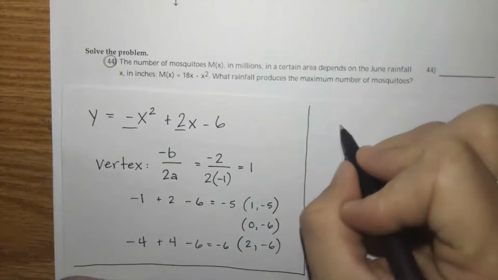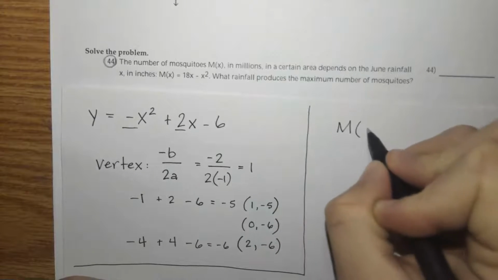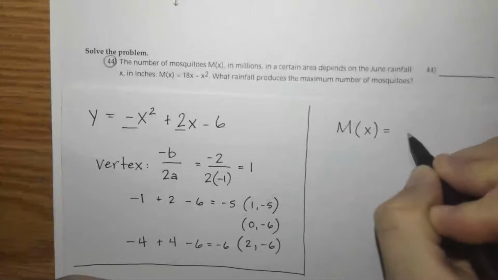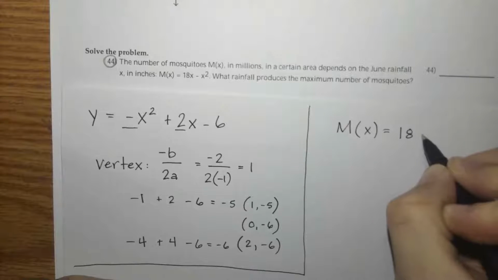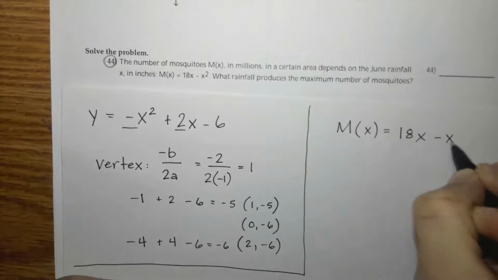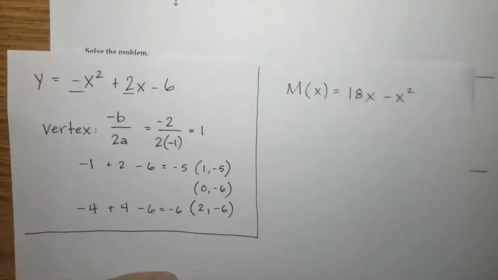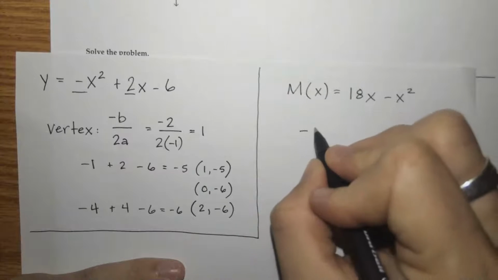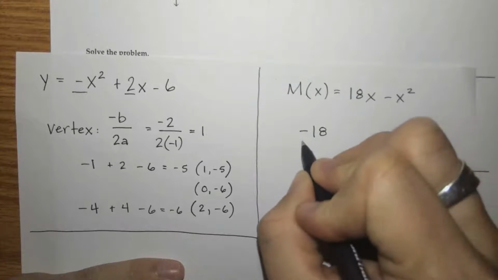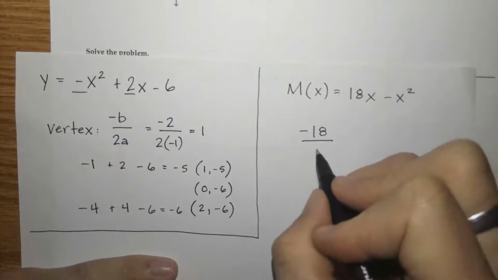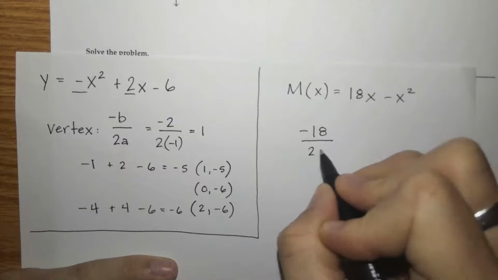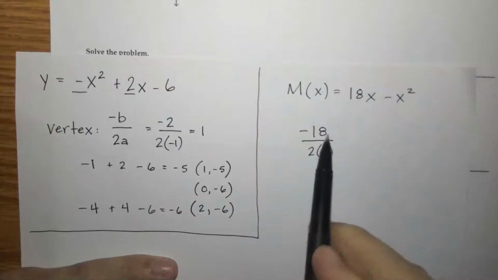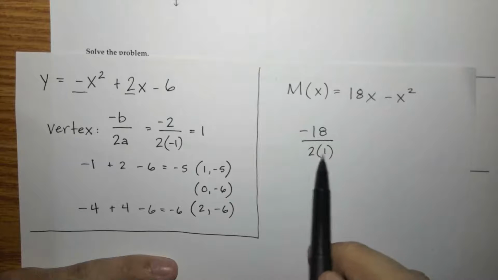Now, our formula is M of x equals 18x minus x squared, right? This negative 1 is our a, 18 is our b. So this is going to be negative 18 over 2 times negative 1. So this is just going to be 18 divided by negative 2.